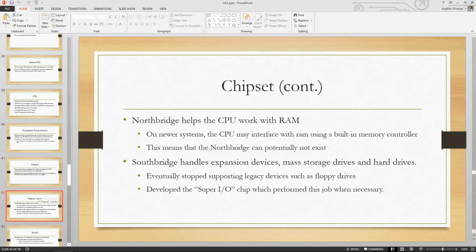So this is important. The North Bridge and the South Bridge can commonly get confused. Just know that the North Bridge is between the CPU and the RAM, and sometimes the CPU can interact directly, but most of the time it's through the North Bridge. The South Bridge handles expansion devices.